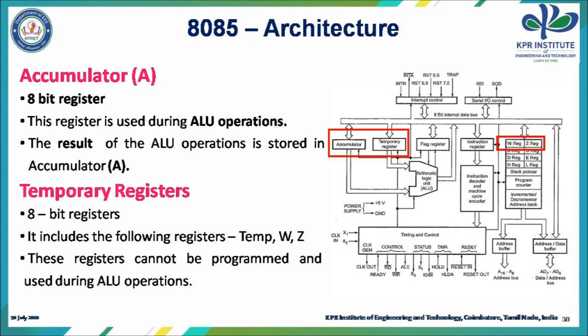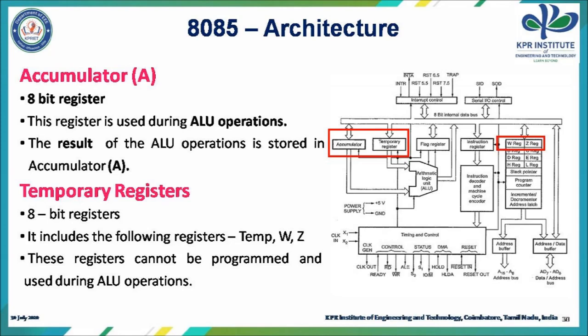Then temporary registers. These temporary registers are also 8-bit registers, and there are 3 temporary registers in the 8085 microprocessor. One is Temp, which is kept near the accumulator, and 2 8-bit registers W and Z are kept near the BC register pairs.